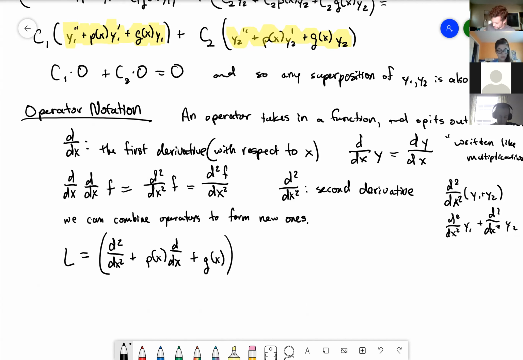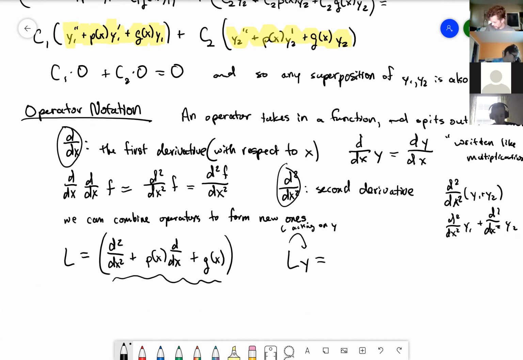And what does it mean to apply this operator to a function? Let's say Ly. We write it just to the left, like we wrote this operator, just as if we're multiplying. We think of this thing as L acting on y. And so what does this mean? It means that we take this new operator that we've formed by combining the old operators, and we apply it to y.